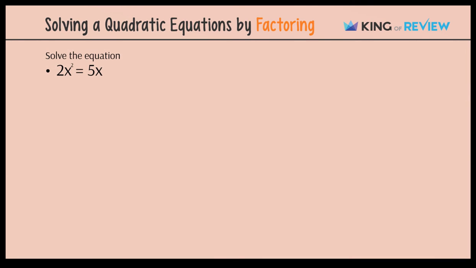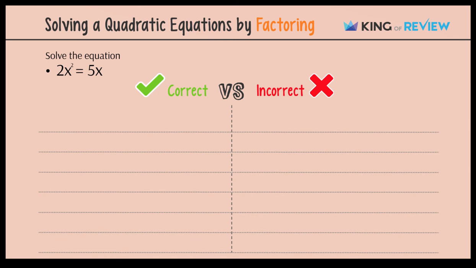Solve the equation 2x squared equals 5x. I saw some students making a mistake solving this as well. The common mistake here is dividing both sides by x, which is not allowed because x might be 0. When both sides are divided by x, then we get 2x equals 5.